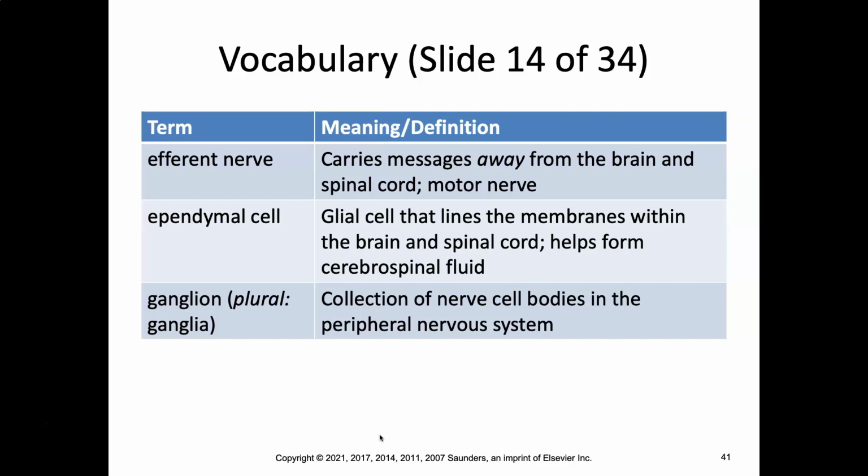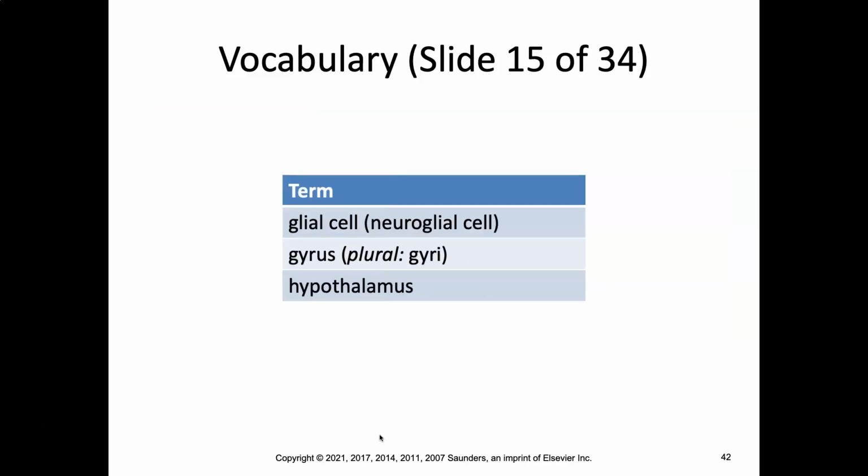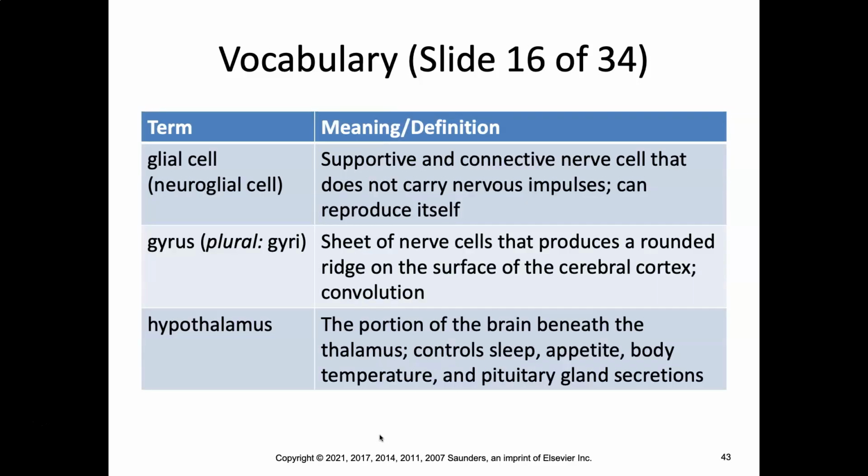Motor nerve, efferent nerve. So you're going to want to remember that. And notice, again, our good old Latin comes back to us with ganglion as the singular and ganglia as plural. And we'll see that with gyrus and gyri.